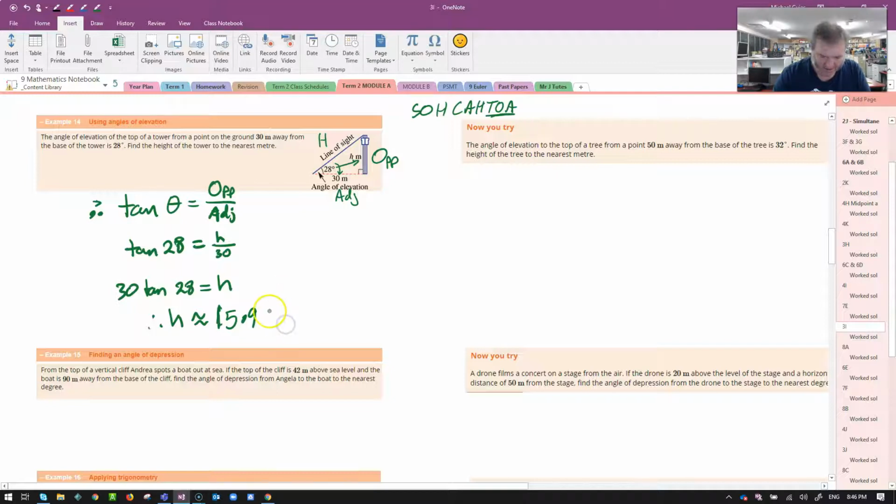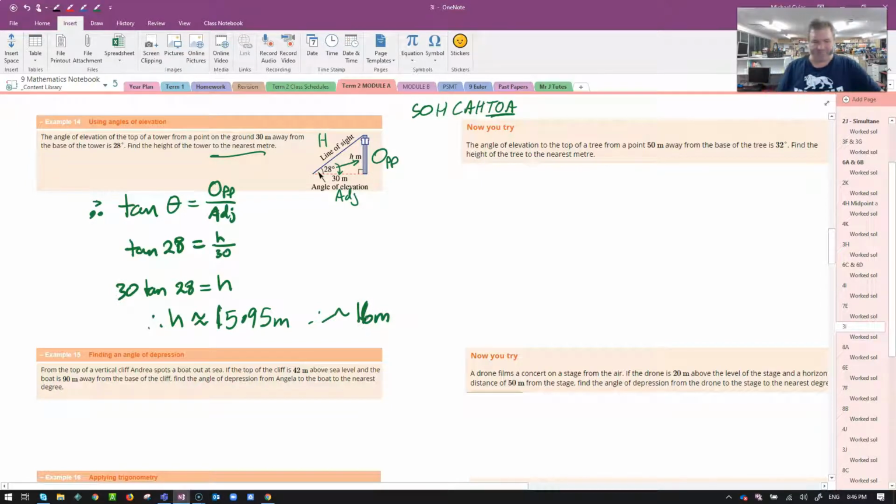Yes, I told you that stylus is playing up, but I'm going to persevere. We're nearly there. Now it says in the question to the nearest metre, so I can say approximately 16 metres. And had I left myself enough room, I might even write a nice little sentence there.